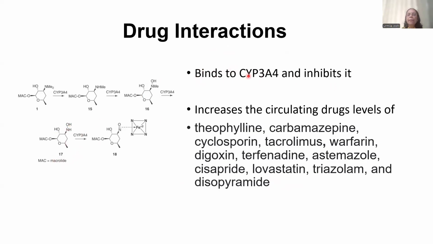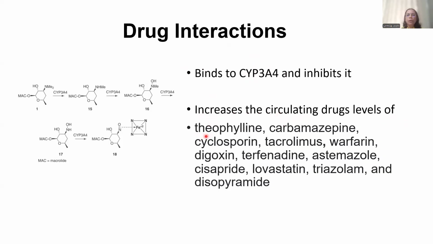After attachment, macrolides inhibit cytochrome P3A4. Now, look what happens. The other drugs which are metabolized by cytochrome P3A4, their metabolism reduces. And because their metabolism reduces, the circulating levels of some of the drugs increase.